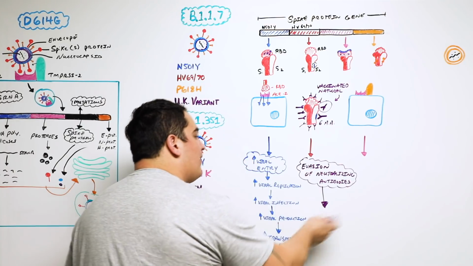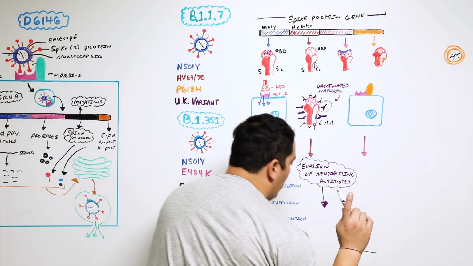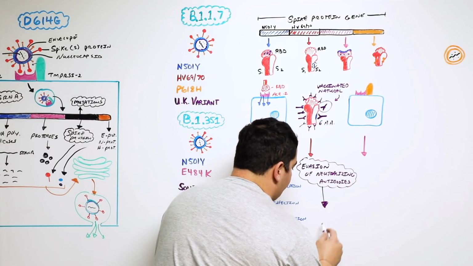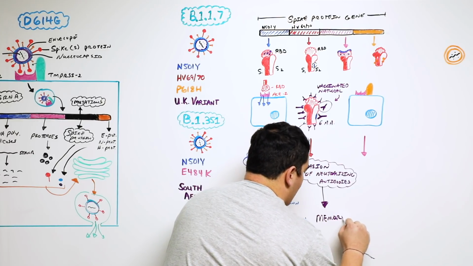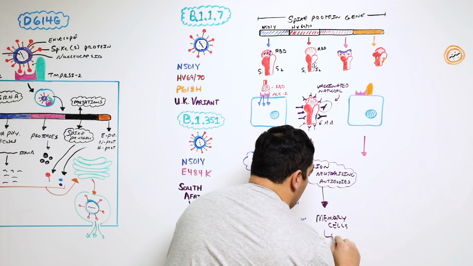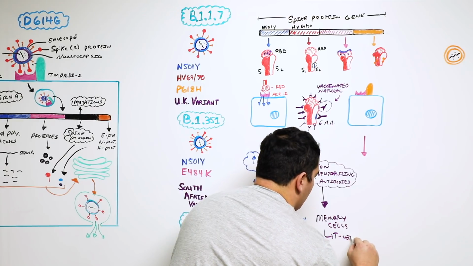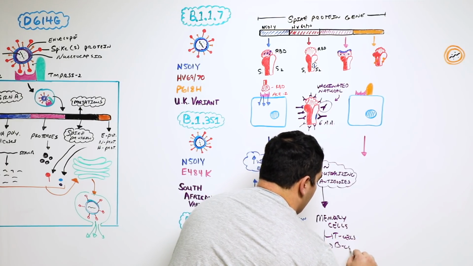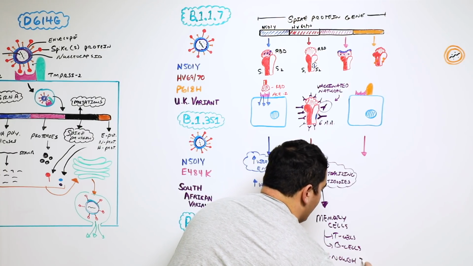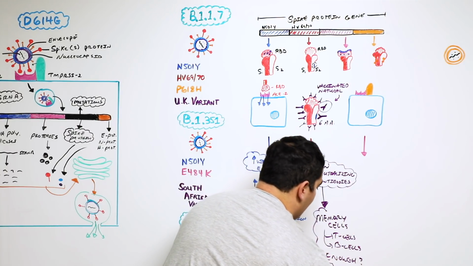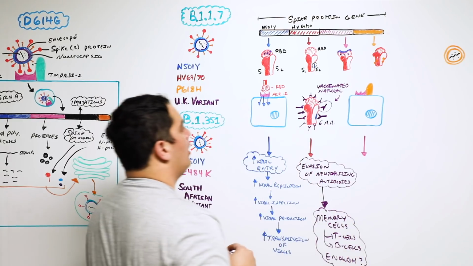So even if there is an evasion of the neutralizing antibodies, and we'll talk about this a little bit later, the question is our memory cells, T cells and B cells, are they enough? And I truly think that they are. So that's the next thing, that's the next concern, okay?